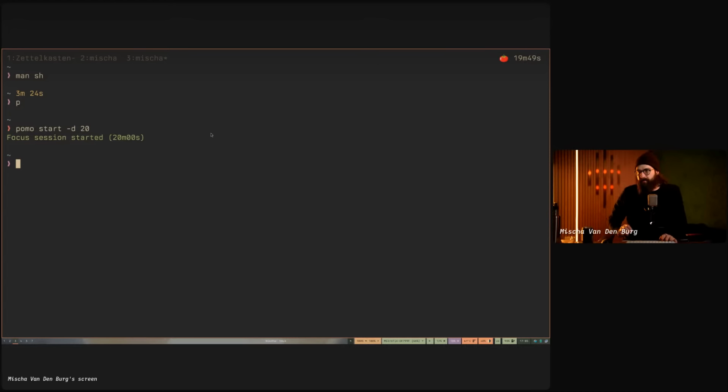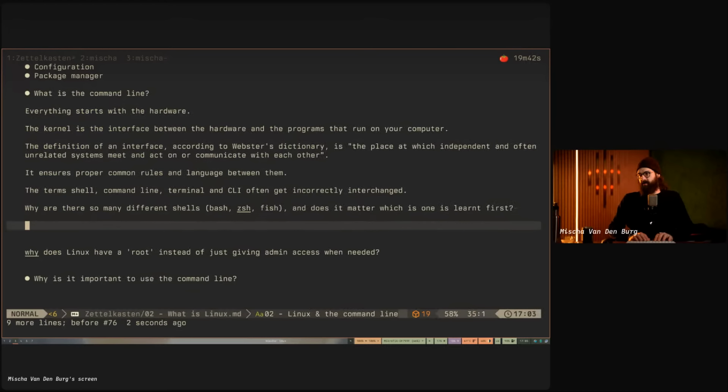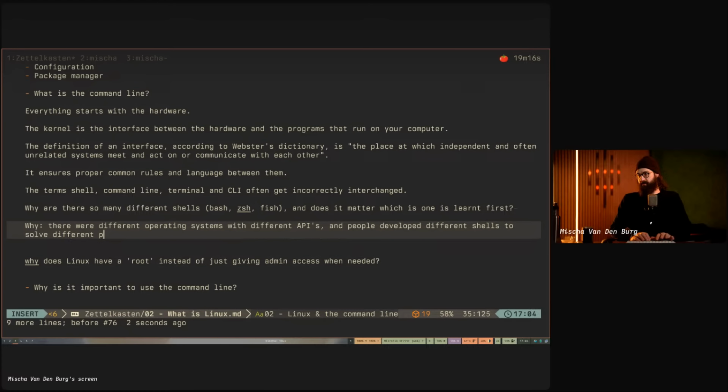So the shell you should learn, from all of these different shells: why are there so many different shells, and does it matter which one is learned first? The reason is that there were different operating systems with different APIs, and people developed different shells to solve different problems.